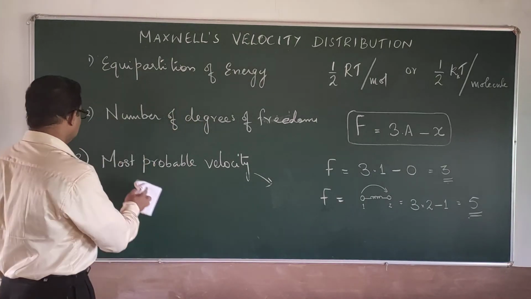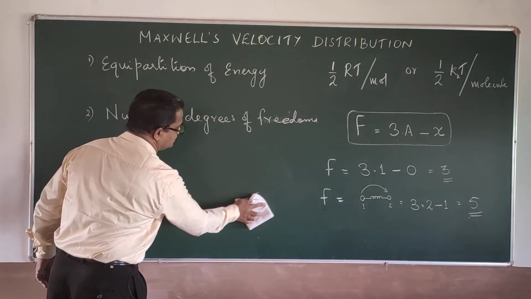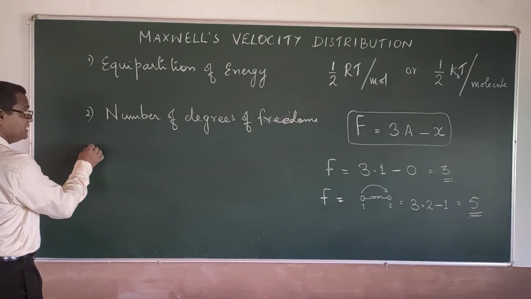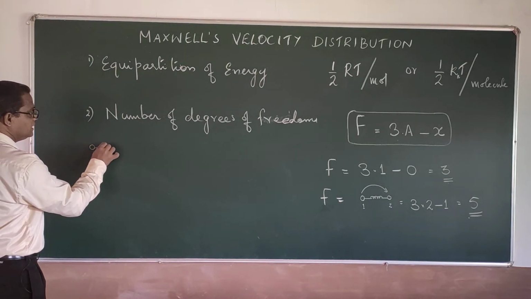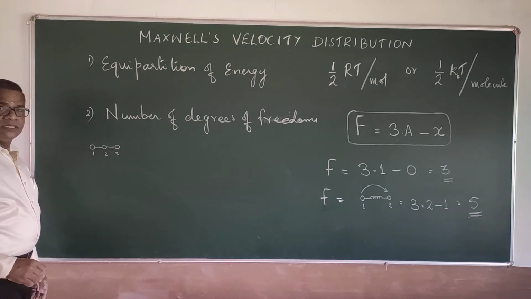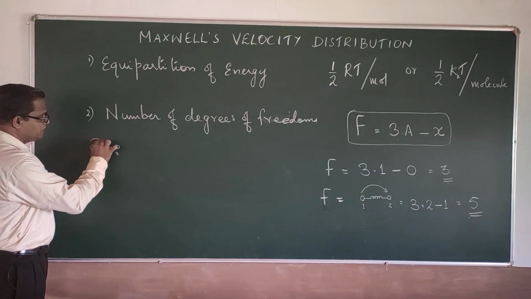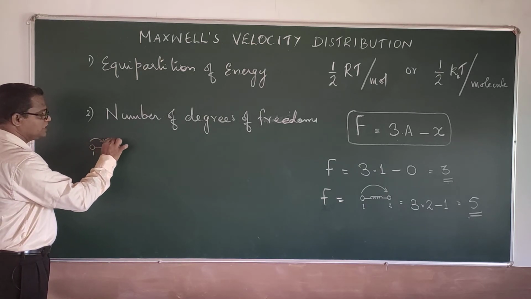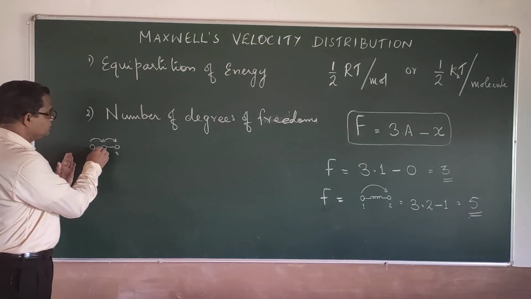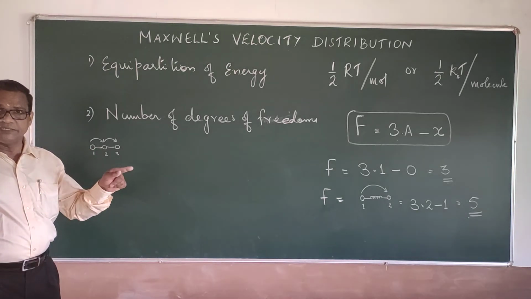Okay? Then, if you consider a triatomic linear molecule, a triatomic linear molecule means like this: 1, 2, 3. Then the relations will be 1 and 2, and 2 and 3, but 1 and 3 is not permitted because 2 is coming in between, being linear.